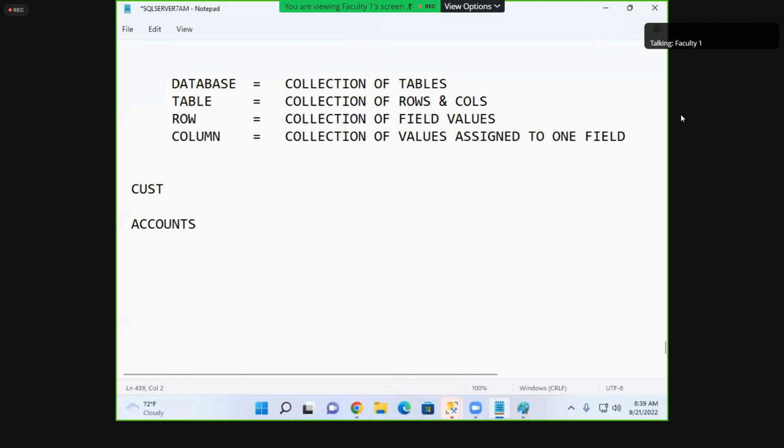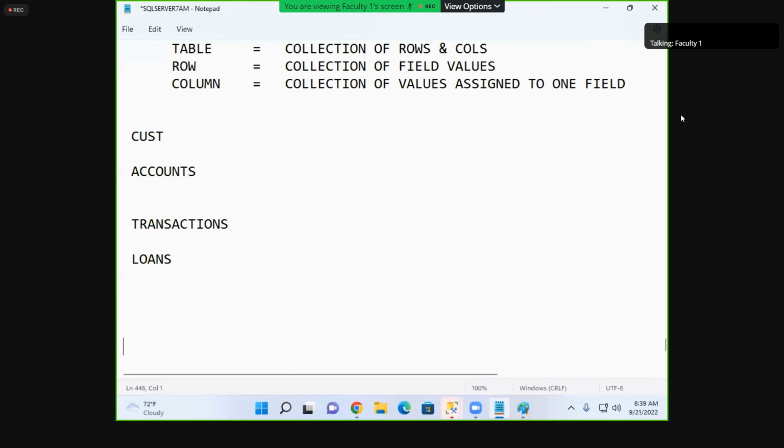And customers do transactions. Transactions are stored in a separate table, customer data in a separate table, accounts data in a separate table. In banks, customers take loans. The loan data is stored in a separate table. Bank contains employees, and employees' data is stored in a separate table.